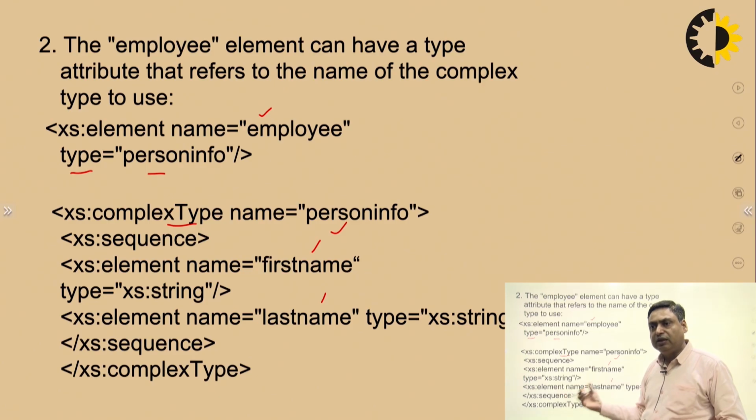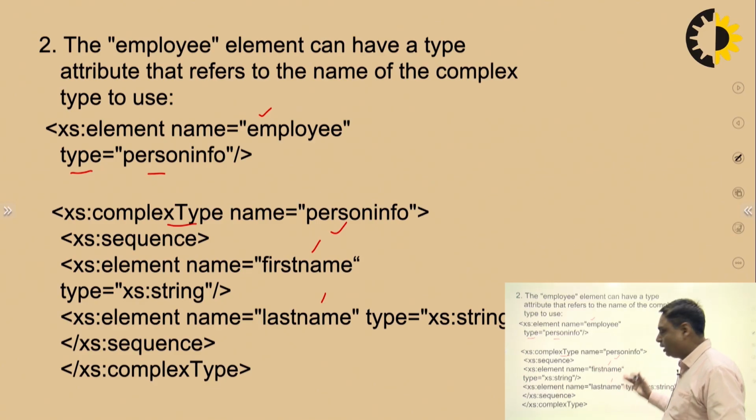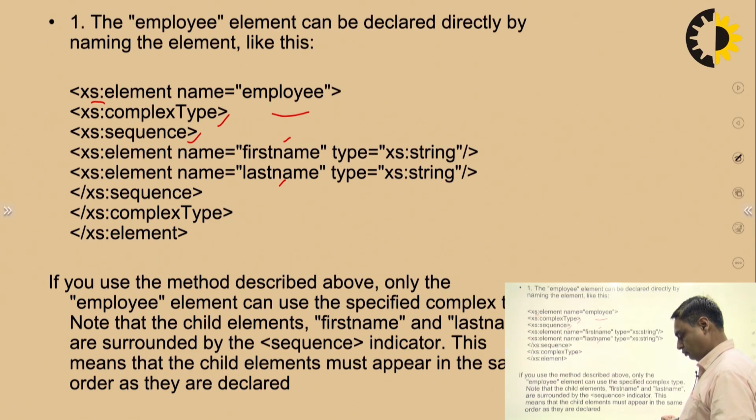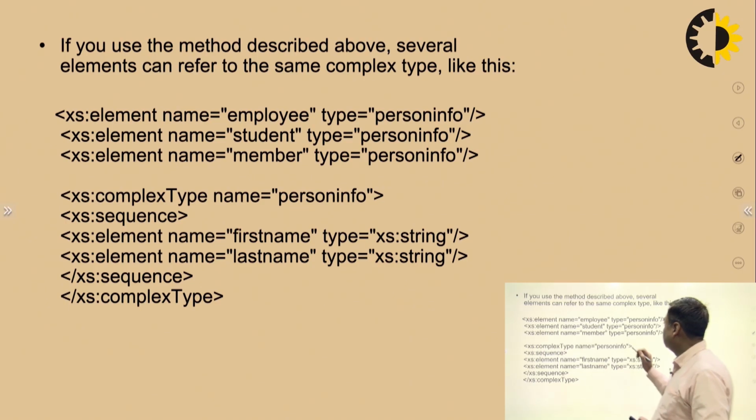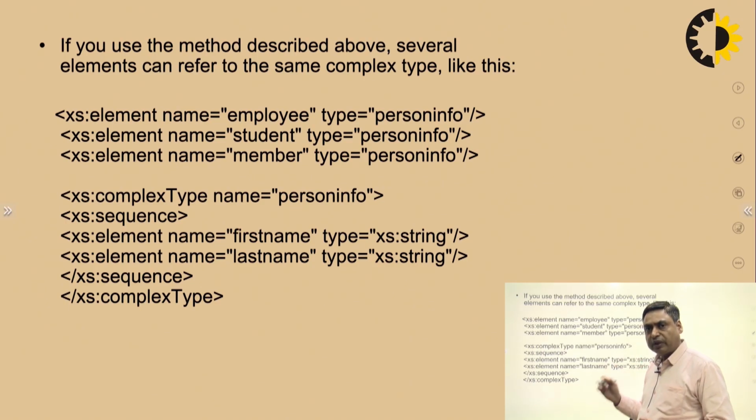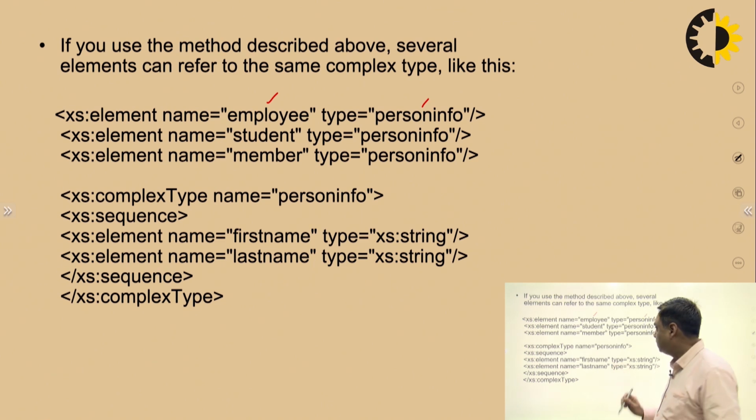Whenever first name and last name are needed, just use type equal to person info. The first name and last name will be included automatically. Here you can see it. Yes, here you can see we need the first name and last name within the employee. So we have defined the employee, type equal to person info. We need first name and last name in the student also.